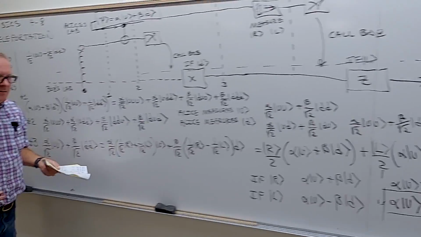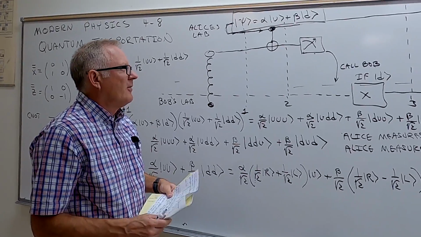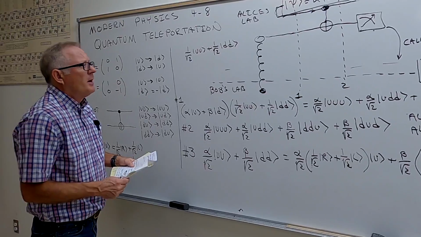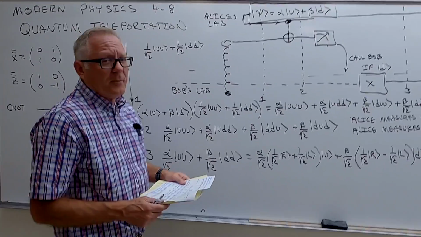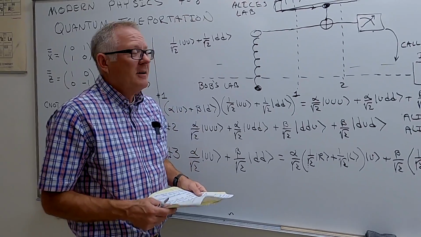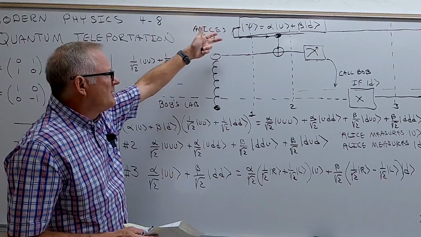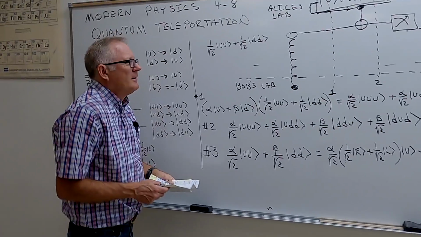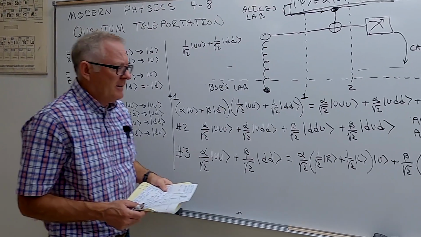It's been done over short distances for, I don't know how many bits, maybe a few bits, but you're not going to be doing it for people. I don't know if you could ever do it this way with people, because for each particle I need a quantum entangled particle. You'd have to have as many quantum entangled particles as you have atoms in a body, which would be a lot.